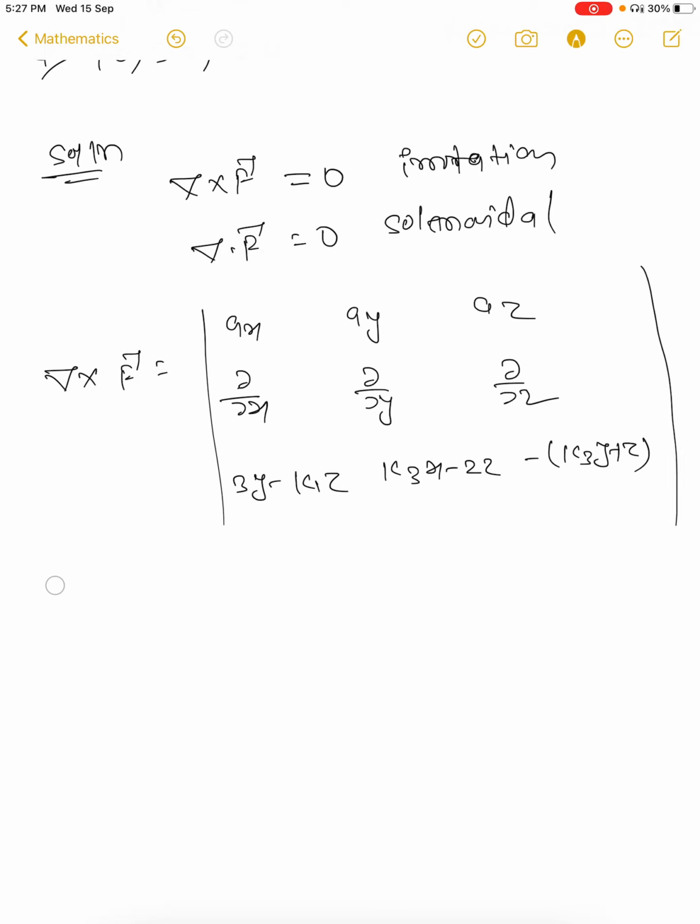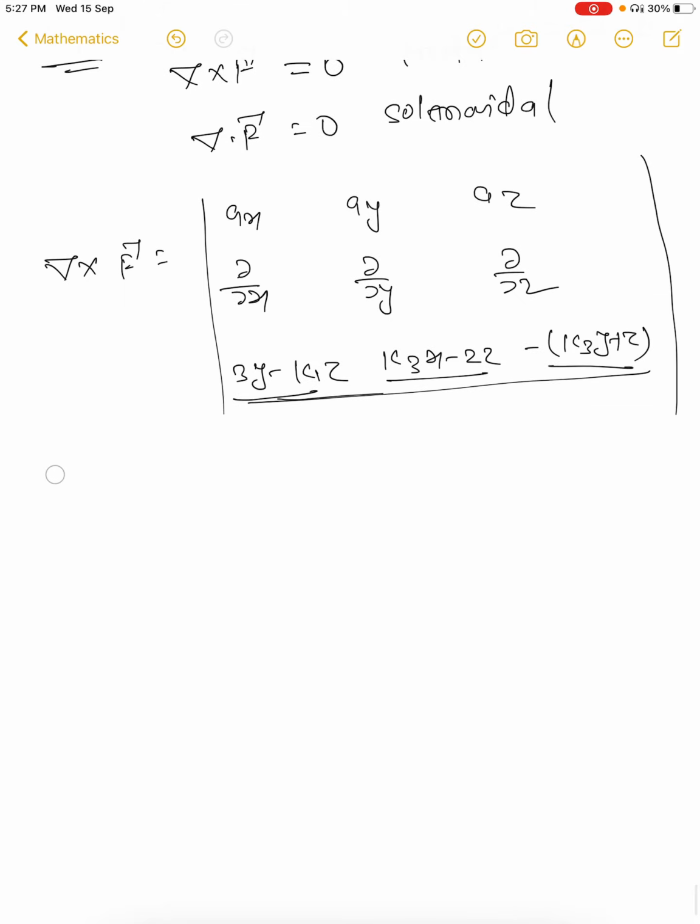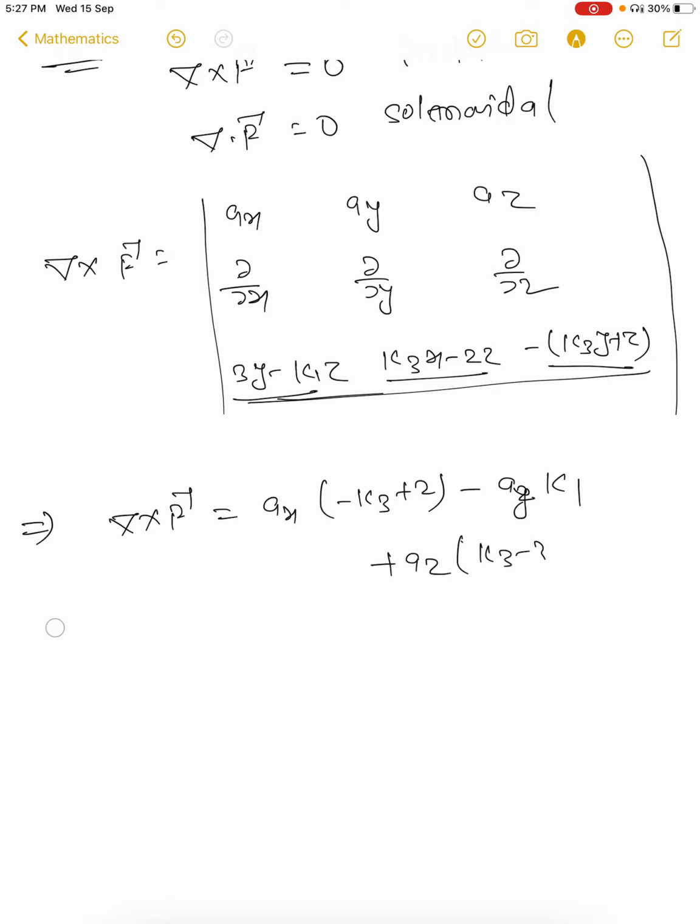This vector is given already. This one is F, this one is the x component, this one is the y, this one is the z. After simplification, you will get del cross F as a vector with ax, ay, az components involving k3, k1 and k2 minus 3. It should be 0.